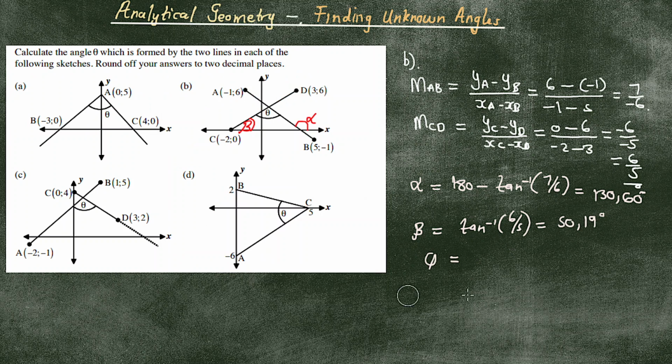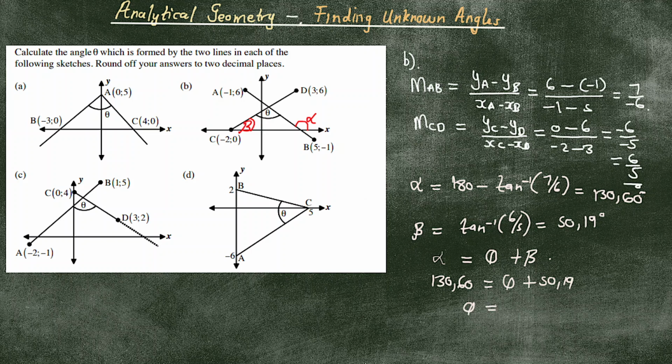You know what, let's just use the actual formula. I don't want to create any confusion. So it's going to be alpha, the exterior angle, equal to theta plus beta. The theorem says that. Then it's 130.60 equal to theta, I don't know that angle, then beta is equal to 50.19.